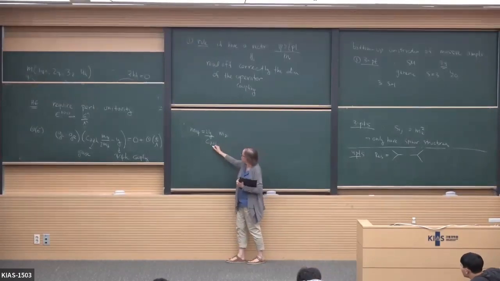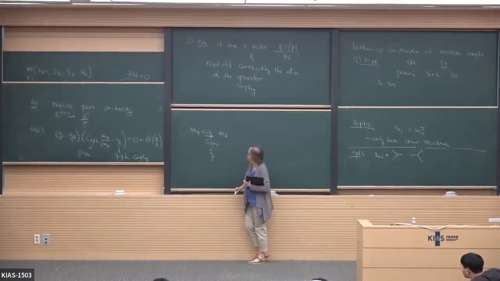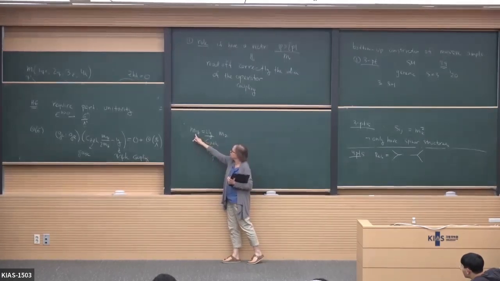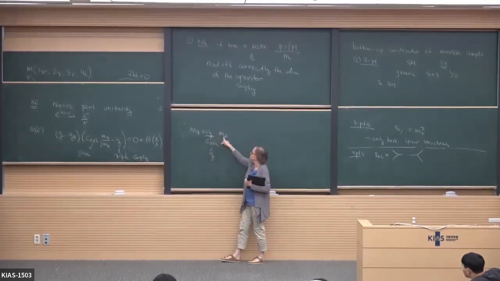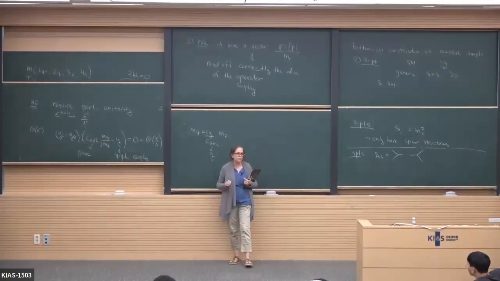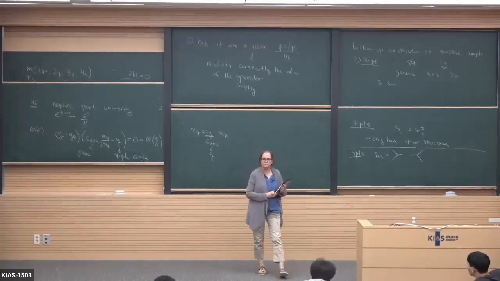So this is the Yukawa, and this is essentially the gauge coupling. And so you see that the psi mass is proportional to the Z mass, and the coefficient is Y divided by the gauge coupling. So this is precisely what you expect.